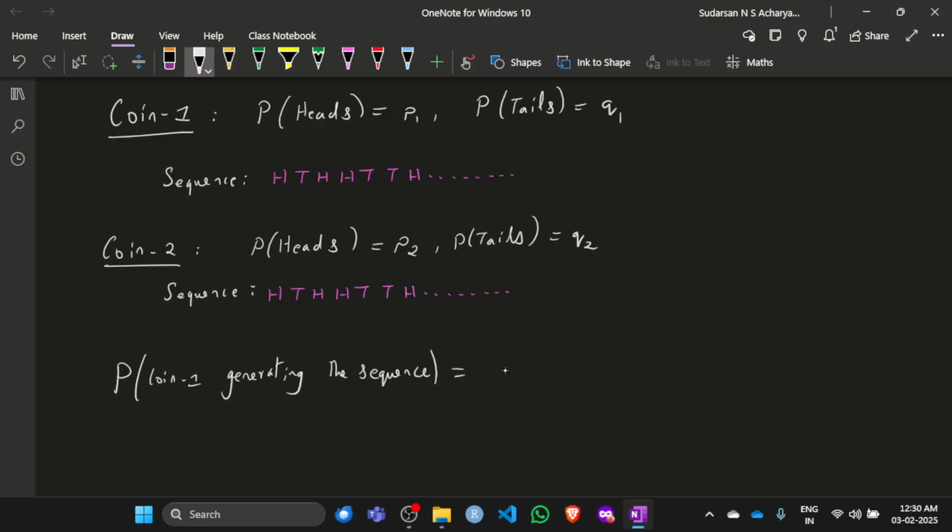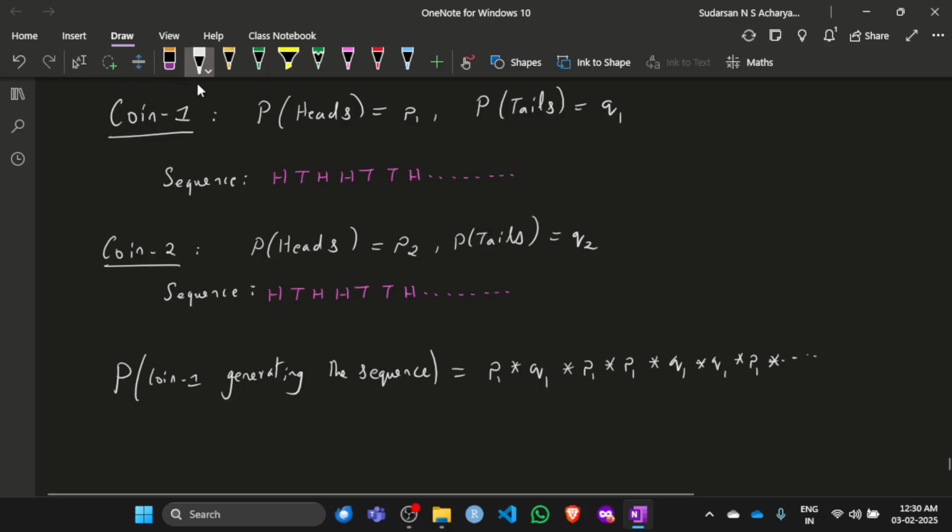So first it's heads, so P1, and tails is Q1, and heads is again P1, and tails is Q1, and tails is Q1, and so on, right? So this is the probability that coin 1 generates the sequence, right? So let's say that you toss the coin n times, out of which we had nh number of heads and nt number of tails.